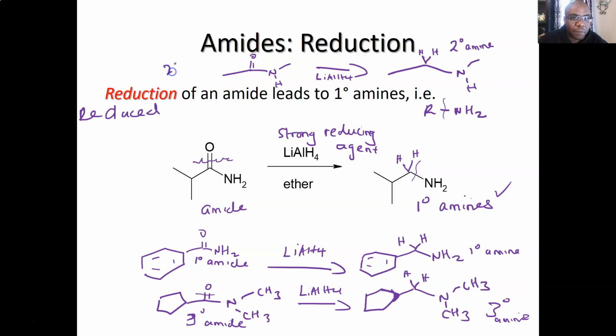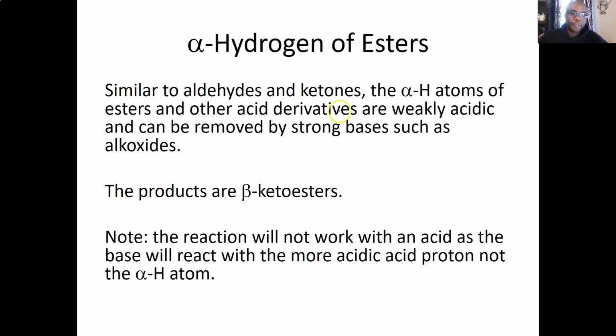So secondary amides will be reduced to secondary amines, primary amides will be reduced to primary amines, tertiary amides will be reduced to tertiary amines. See, you have 3 R groups.